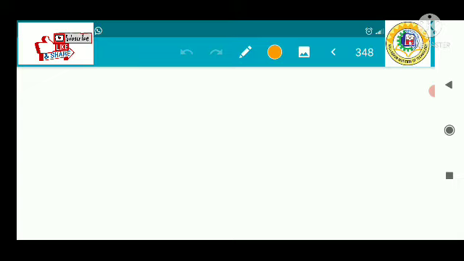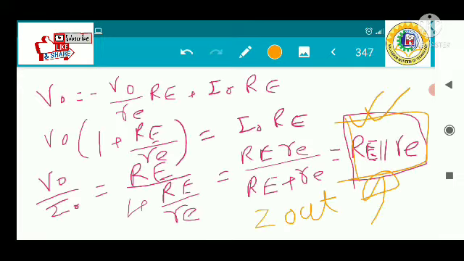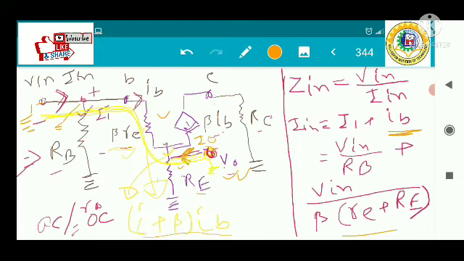Okay, next we will calculate the gain. For the calculation of the gain, I need this diagram.